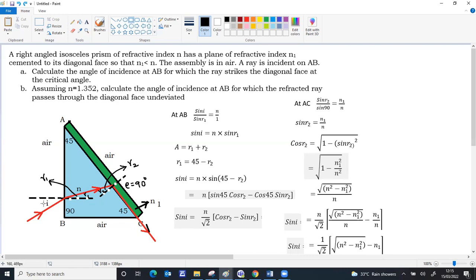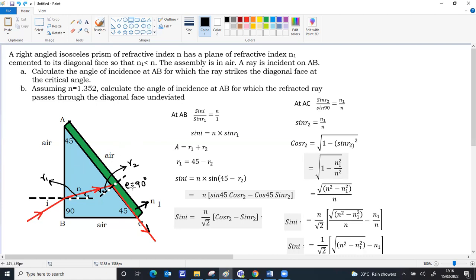Then calculate the angle of incidence at AB for which the refracted ray passes through the diagonal face undeviated. The refracted ray will pass undeviated, without any refraction or bending, only if the light ray is incident along the normal. If the light ray is incident along the normal, the angle of incidence will be 0 and the angle of refraction also will be 0.